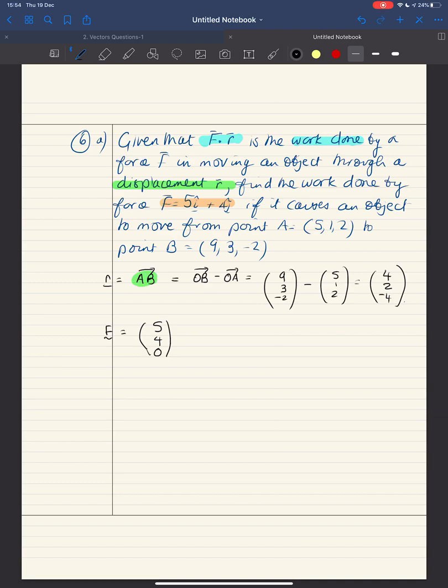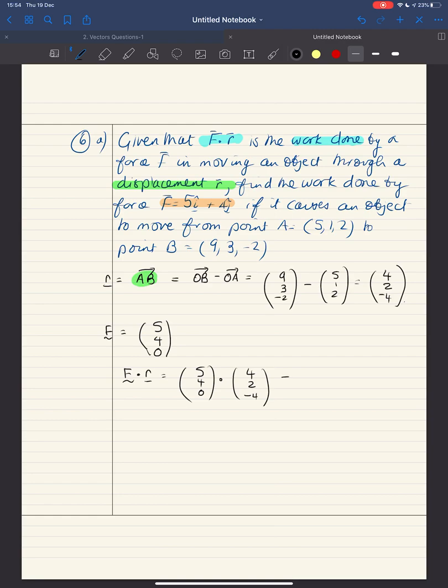So the work done, I would say, F dot R: (5, 4, 0) dotted with (4, 2, -4).